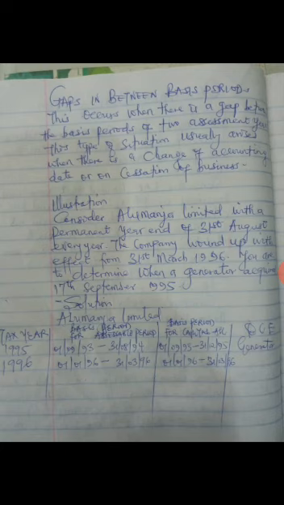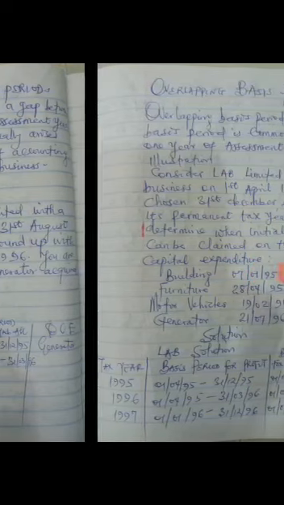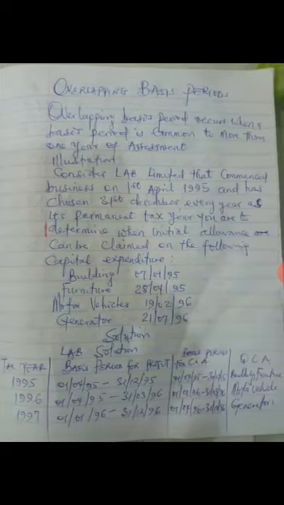In our next class, we'll bring up a question and solve it on overlapping basis periods, a very intense question. Please, if you have questions on capital allowance, you can ask, because in our next class, we'll try winding up the topic, and I'll give out an assignment for you to do.